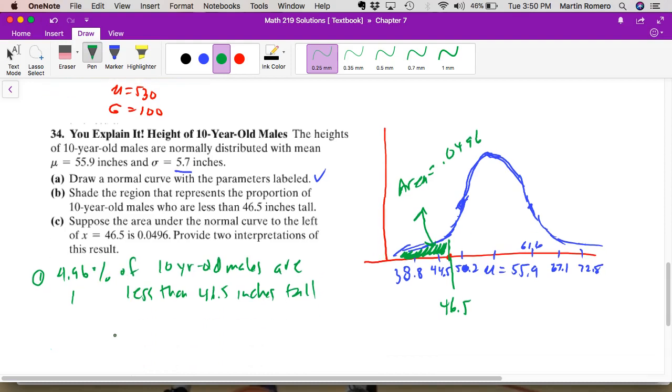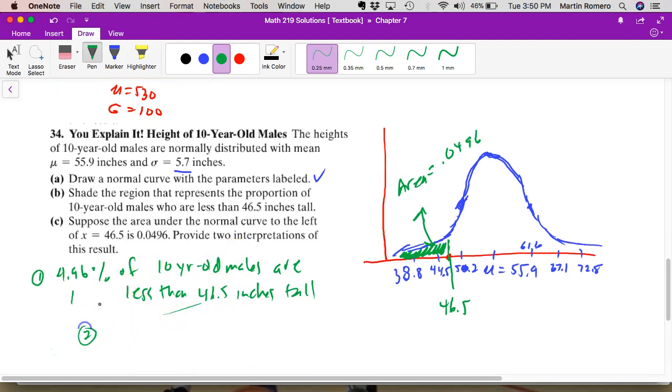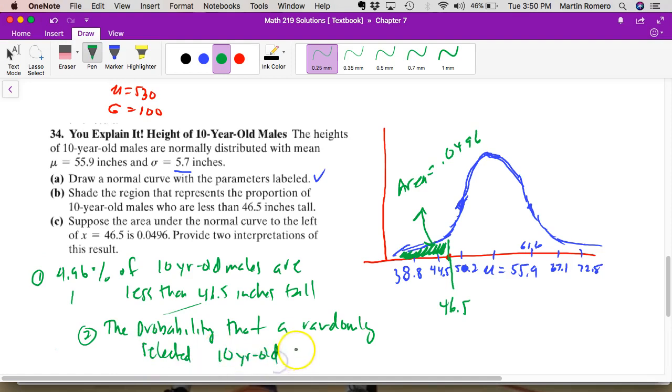The second interpretation is that the probability that a randomly selected 10-year-old is 46.5 inches or smaller is 0.0496. There it is. Those are the interpretations. That's the homework for 7.1.